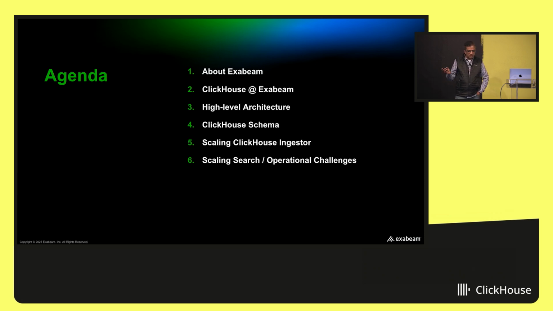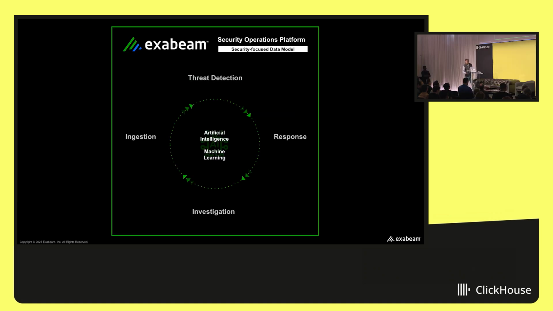And Arun will walk us through the high-level architecture, including how we optimize ingestion to handle a million events per second, and also how we optimized the search for faster performance. So these are the 4 pillars.